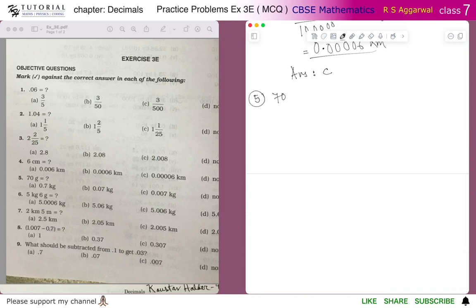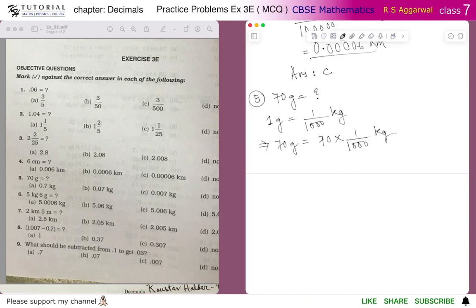Problem 5 says 70 gram equals how much kilogram. So we know that 1 gram is 1 by 1000 kilogram. This implies 70 gram will equal 70 into 1 by 1000 kilogram.